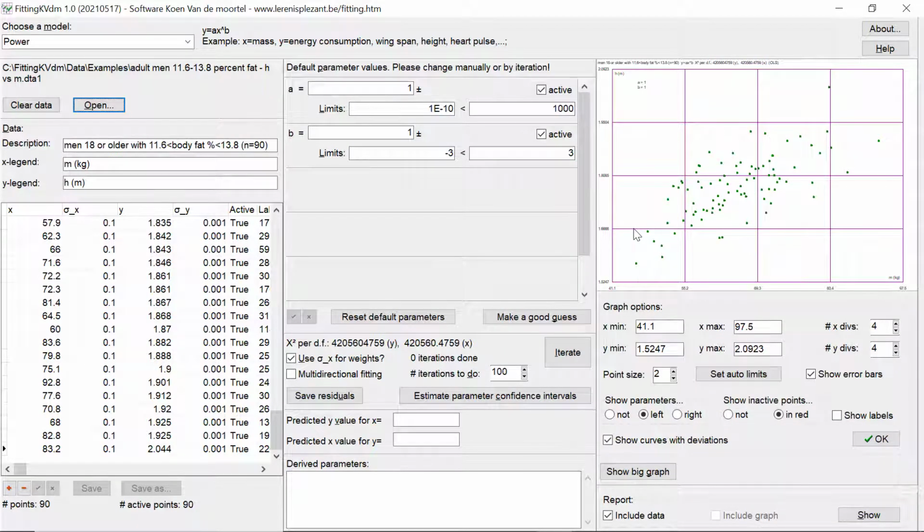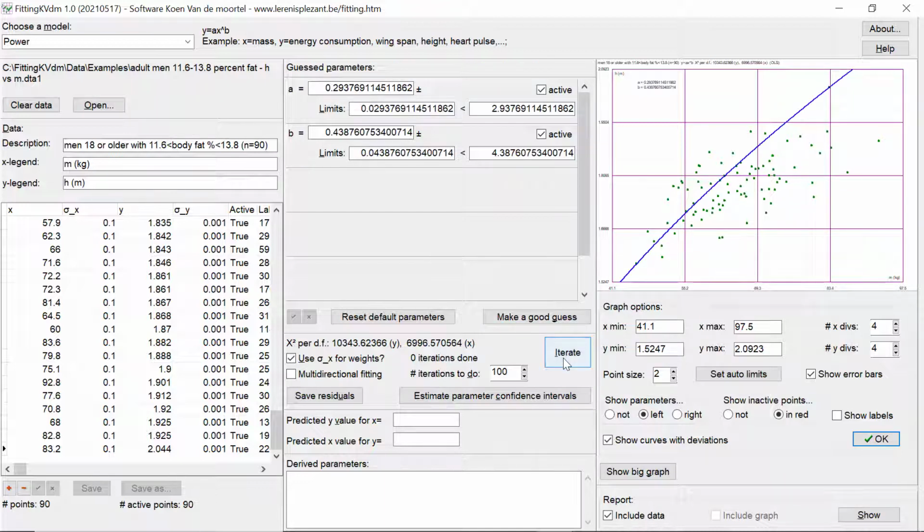Now we would expect the exponent to be about 0.5, of course, because if you switch mass and height we get an exponent of 2 point little bit, so it should now be 0.5 something. Okay, let's try. Now something very, very strange is happening.